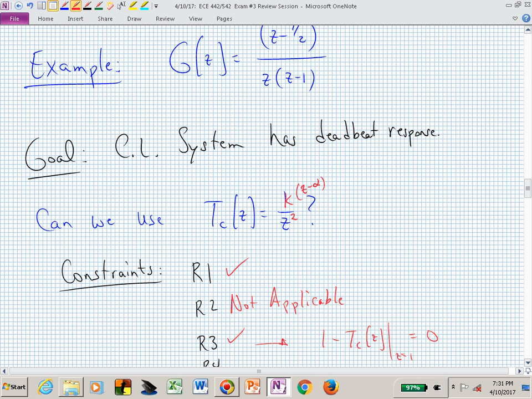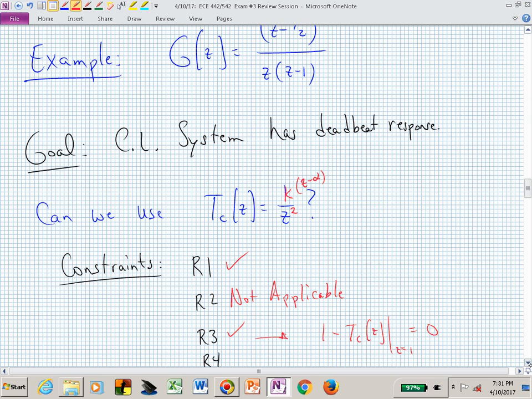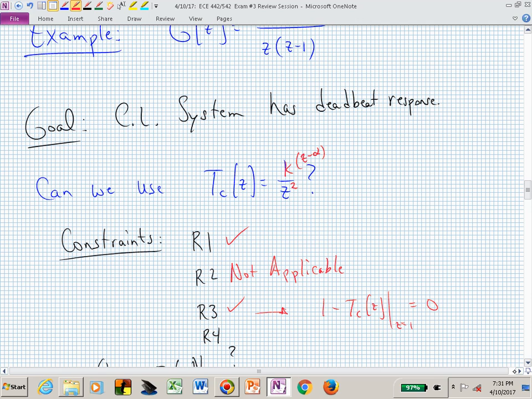What about restriction 4? We didn't say anything about steady state accuracy behavior. So this one we don't need to worry so much about.